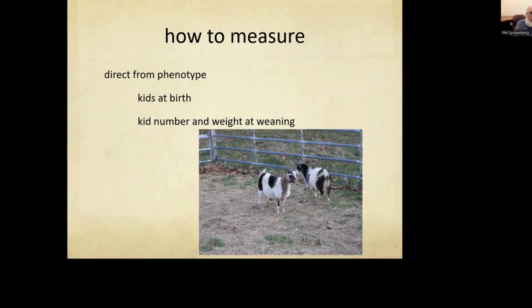The kids at birth are going to be especially useful in a dairy situation if the kids are going to be raised on milk replacers or off their dams, and of less use if it's going to be range goat production. But this is a picture of kids that were weaned, twins, so yes, that doe did a good job. That's telling you some information. Next.